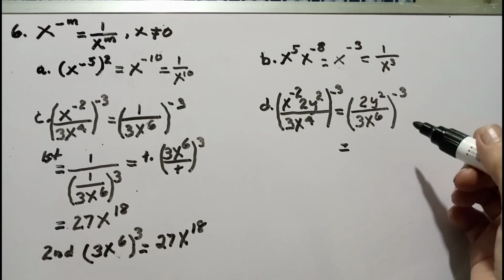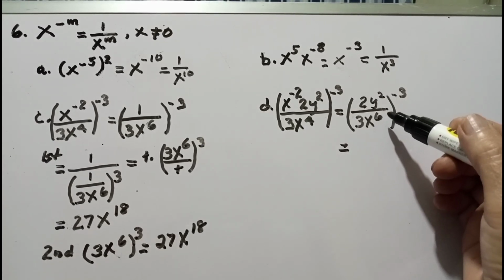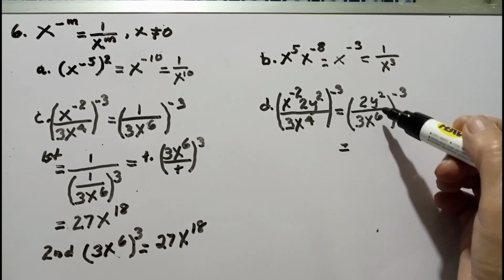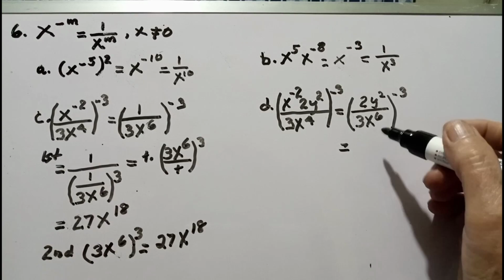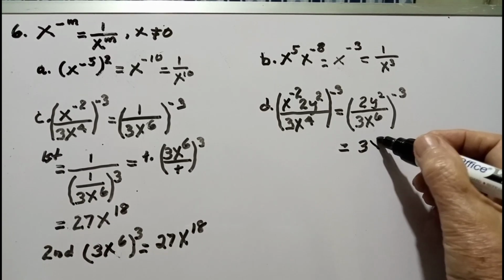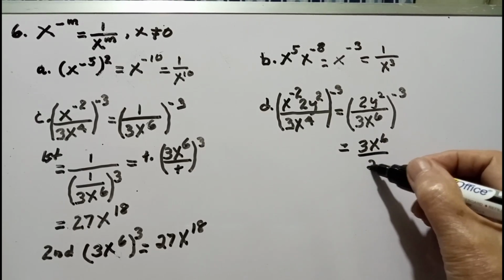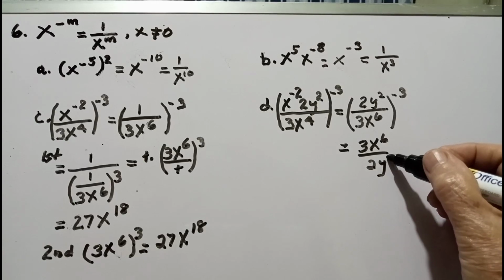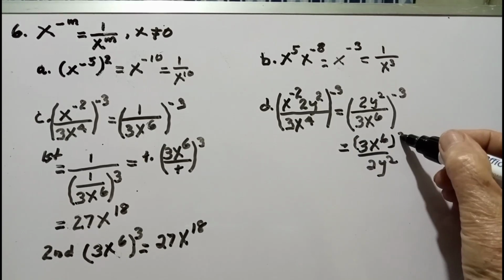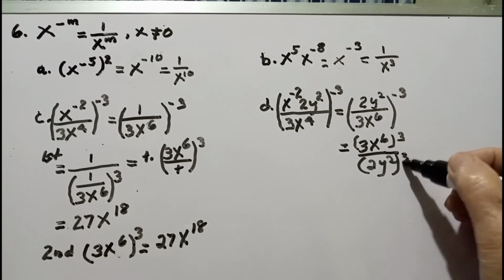Now from here, you just invert this term. Invert the divisor, because this is 1 over this term. So inverting this one, this will become 3x to the 6 over 2y squared, that is raised to the third power.